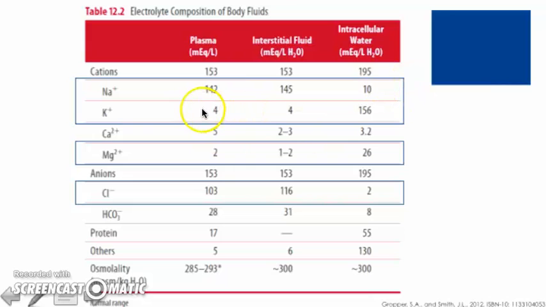On the other hand, potassium is opposite, where it has lower concentration outside the cell and higher concentration inside the cell. Other electrolytes where we see higher concentration outside the cell is chloride. Like sodium, chloride is also at higher concentrations outside versus inside the cell. Like potassium, magnesium has higher levels inside the cell versus outside the cell.